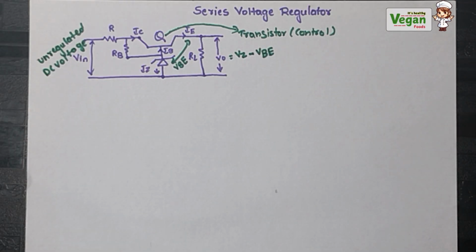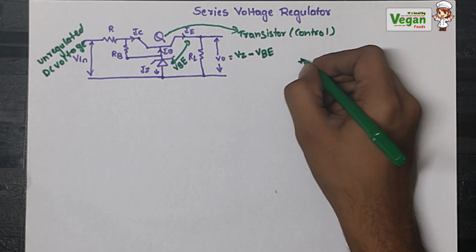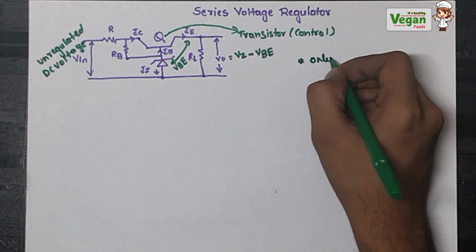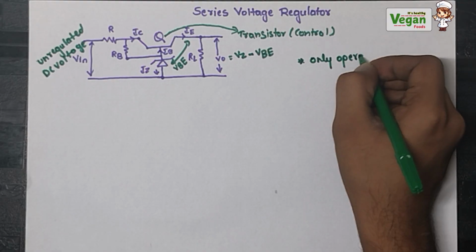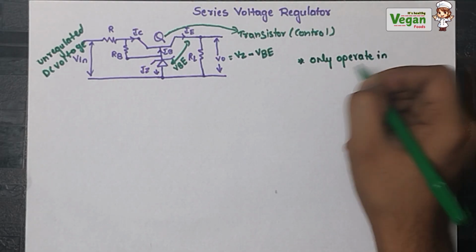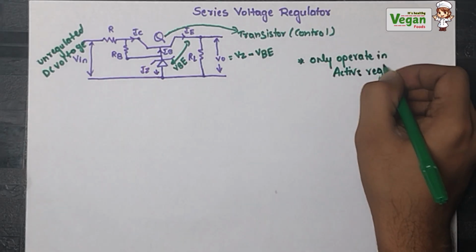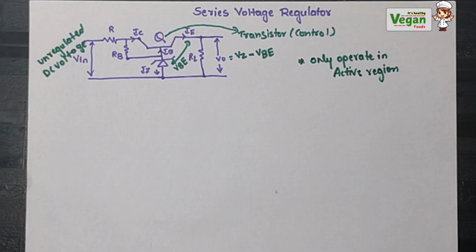Now let's discuss some properties, advantages and disadvantages of the series voltage regulator. This series voltage regulator will only operate in the active region. What is the active region? Where the current changes as the voltage is increased.